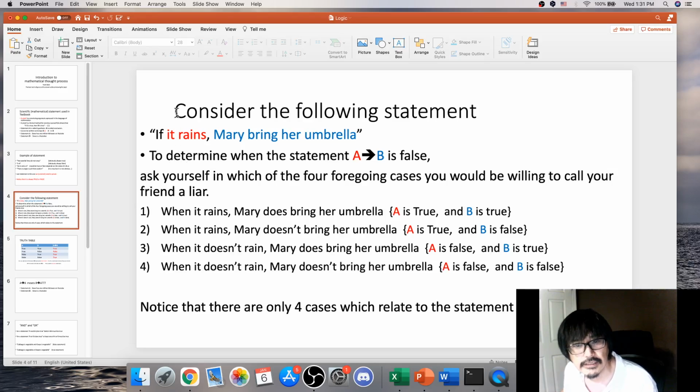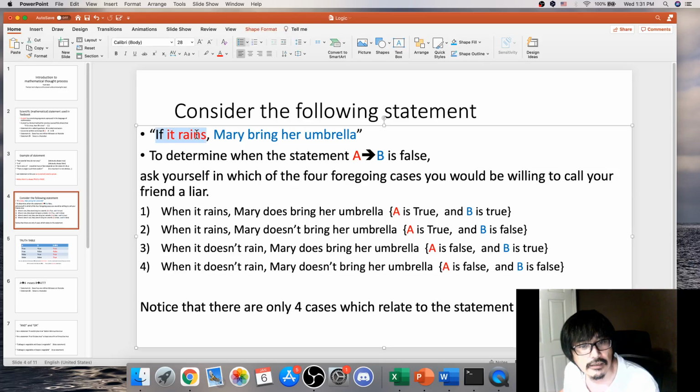So let's consider an example statement: if it rains, Mary brings her umbrella. Statement A is it rains, or it does not rain. And statement B is Mary brings her umbrella, or Mary doesn't bring her umbrella.